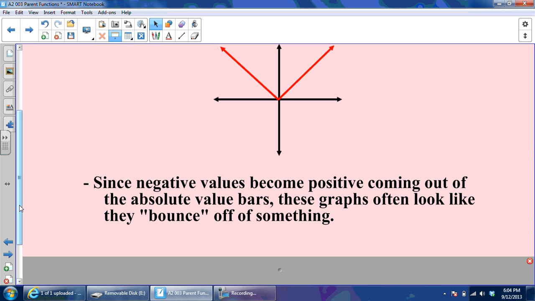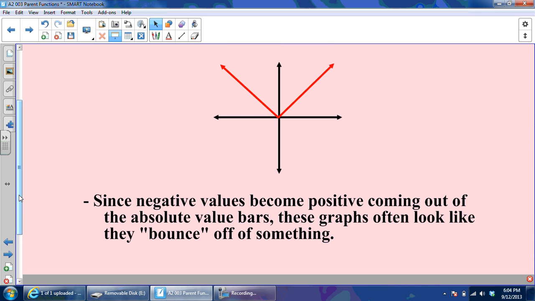Since you have negative values in an absolute value bar, the absolute value bars steal the positive or negative aspect of the value inside the bars. So you end up with a positive value coming out of the absolute value bars all the time. There may be things going on around the absolute value bars, but the value coming out of the bars will be positive.